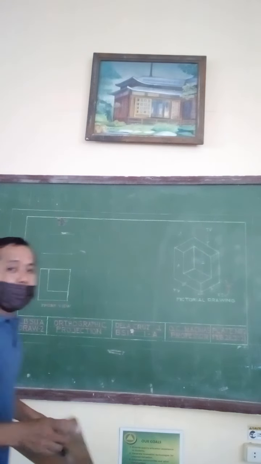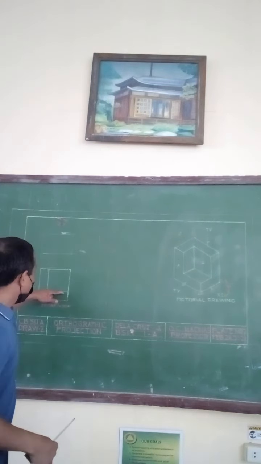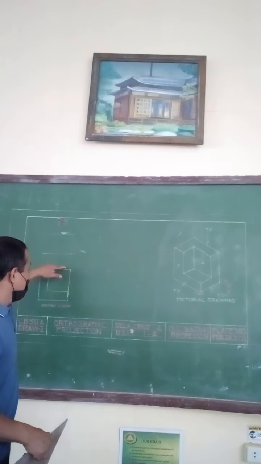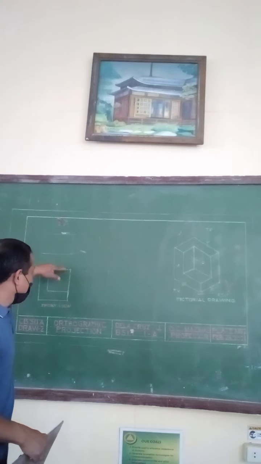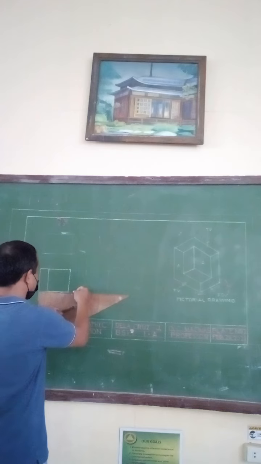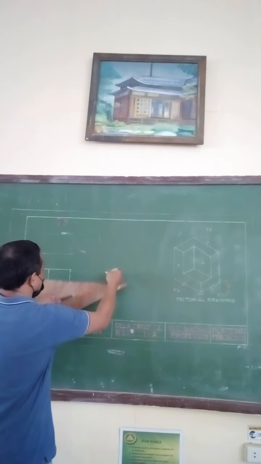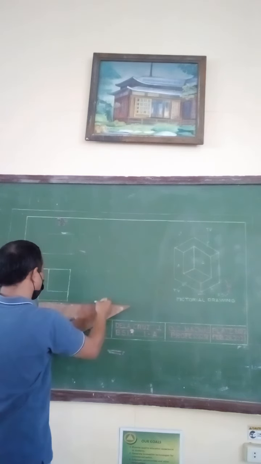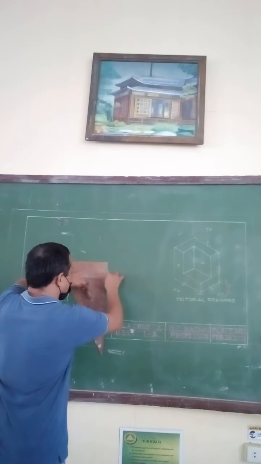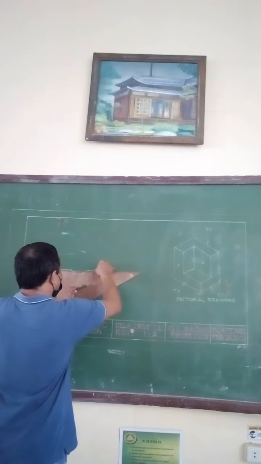We just observe the level of each edge. So we have here another layer, another layer, another layer. We just transfer these edges to the right. This one is already here, and this one is already here. So we just close it, and therefore we already have a right side view.